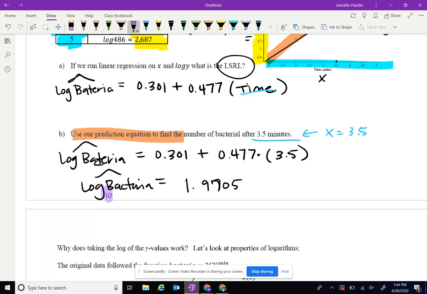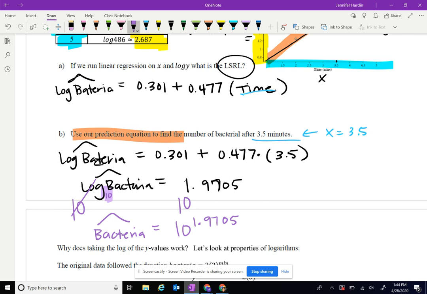So to undo this, I would need to exponentiate both sides with a base of 10. 10 to the power of log of that bacteria would just now have me predicting the actual number of bacteria. I guess plural, it should be bacterium. So that's 10 to the power of 1.9705.